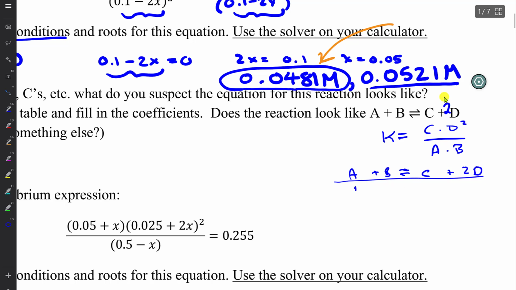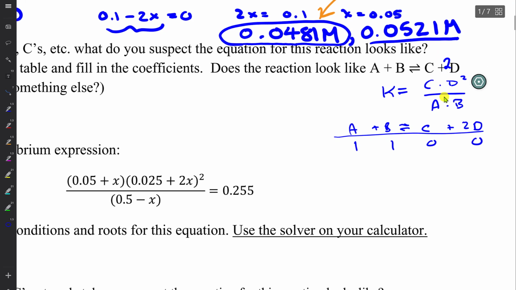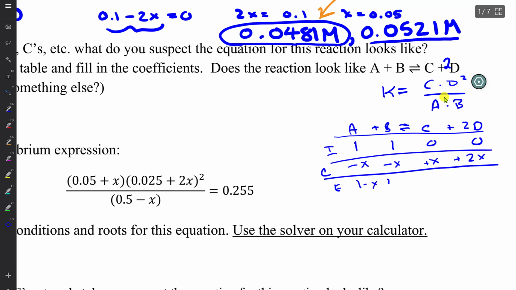This will be 1 and 1 and 0 and 0, like a lot of problems start out, no product, all reactant. Then this will be minus X, and this will be minus X. And this will be just X, and this will be 2X. So when you set this up, this is the initial, this is my change, this is my equilibrium. My equilibrium line will look like this: 1 minus X, 1 minus X, and then X and 2X.